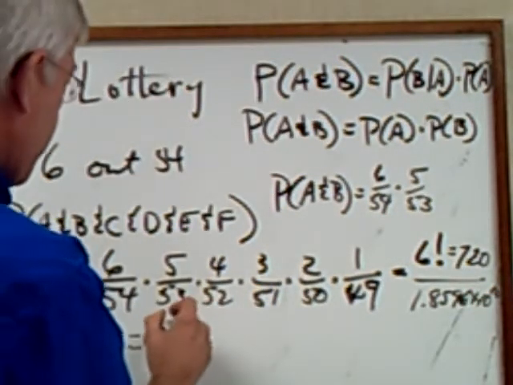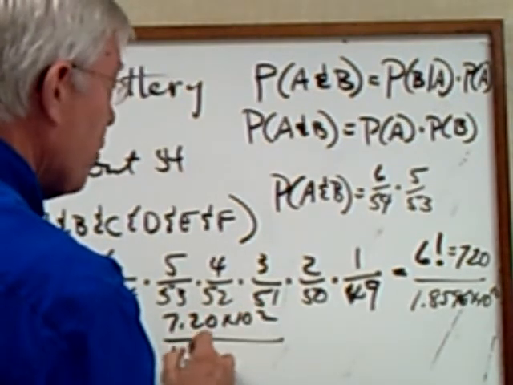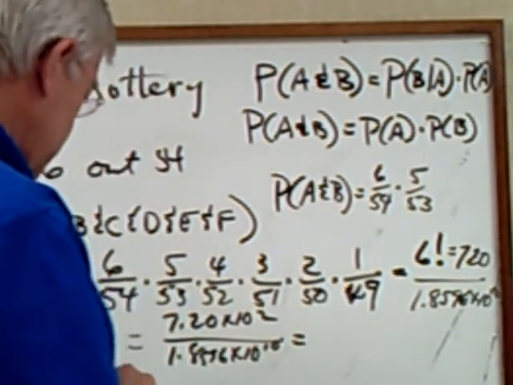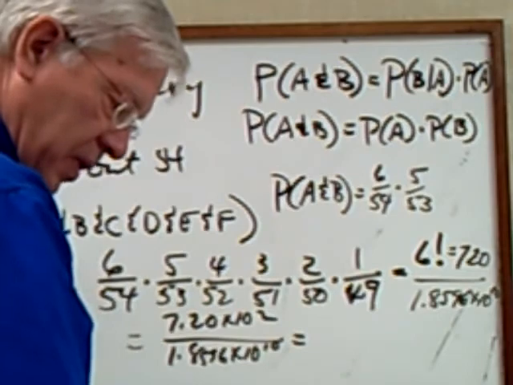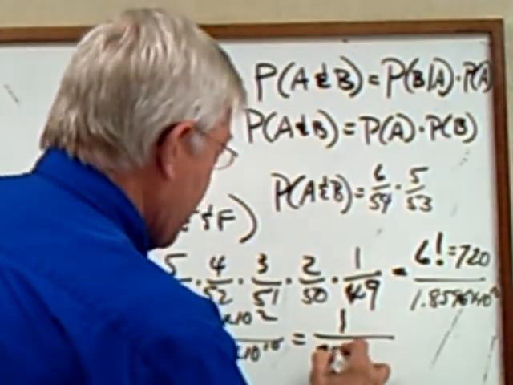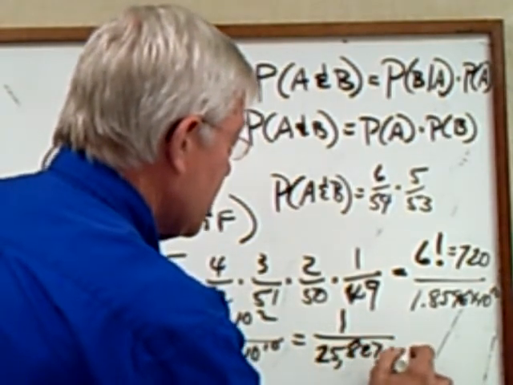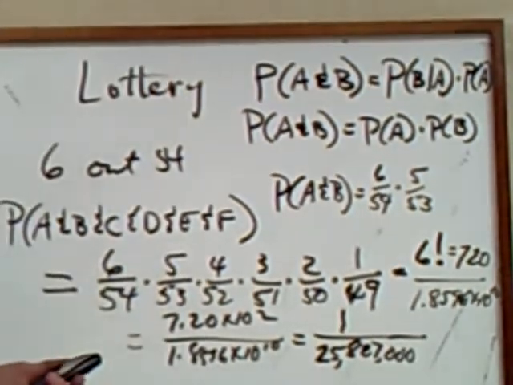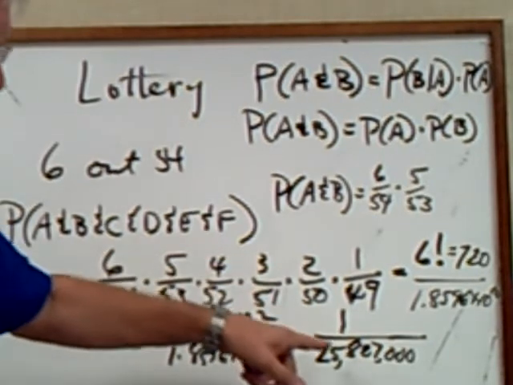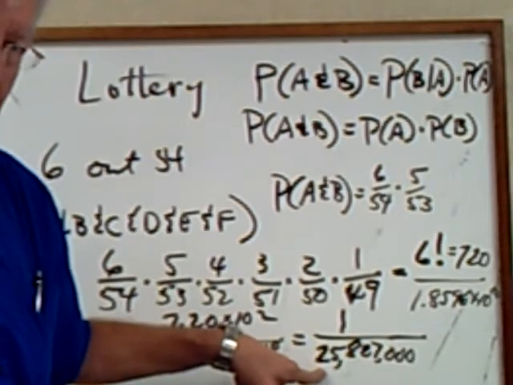Now if I simplify that, that'd be 7.2 times 10 squared over 1.8596 times 10 to the 10th, and let's see. Okay, it's about 1 out of 25,827,000. Okay. So your odds of winning the jackpot, if this is the structure for the lottery, is 1 in 25.8 million. Pretty good odds, huh?